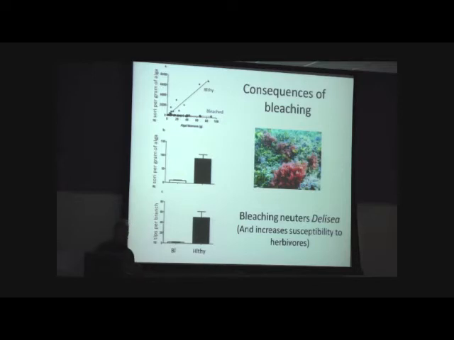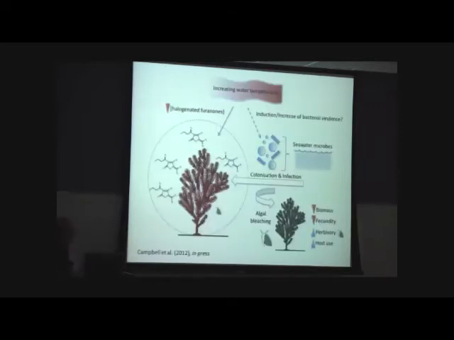And one of the things we're just starting to explore is whether or not this is also affecting the genetic structure of these populations. Bleaching, perhaps not surprisingly, also increases susceptibility to herbivores. So the model that's evolved here is one of increasing stress on the plant, which leads to a decrease in chemical defenses.